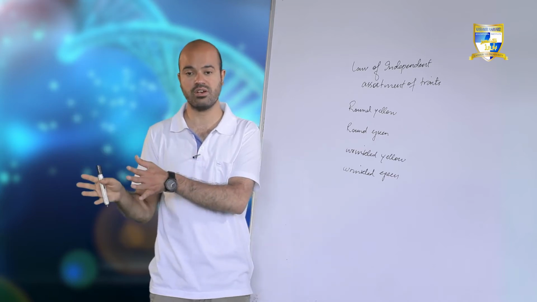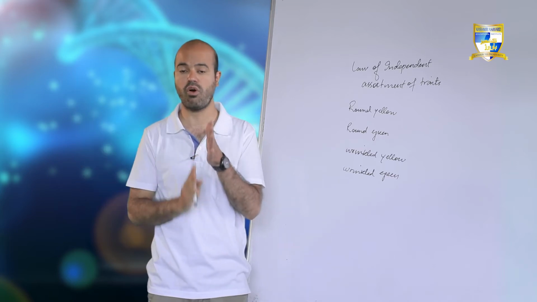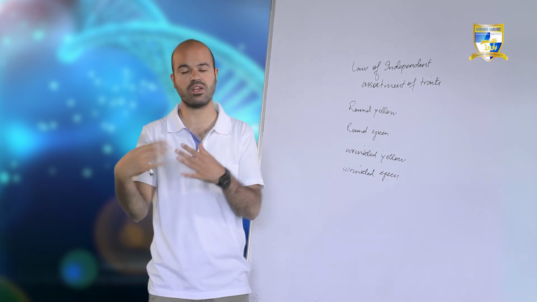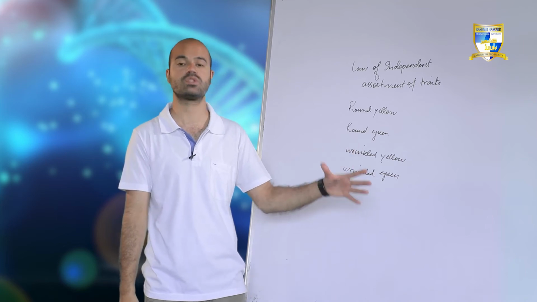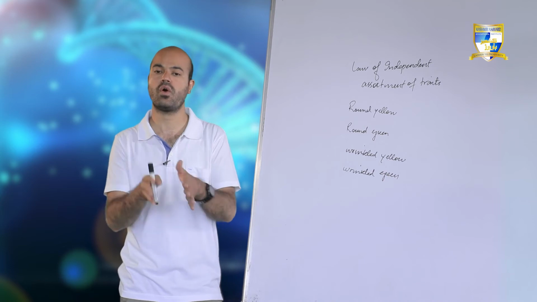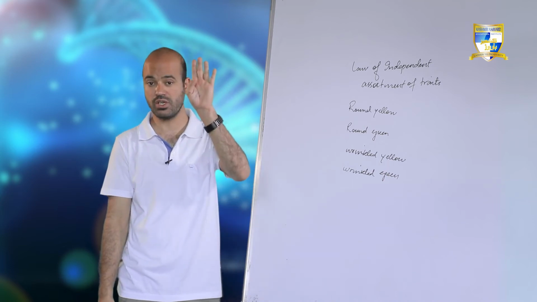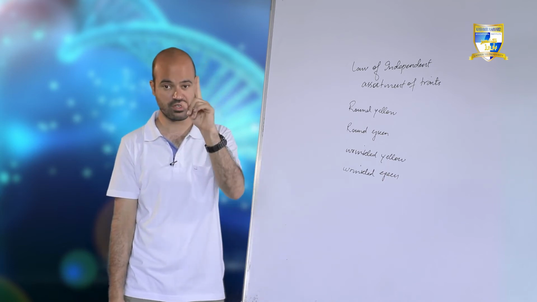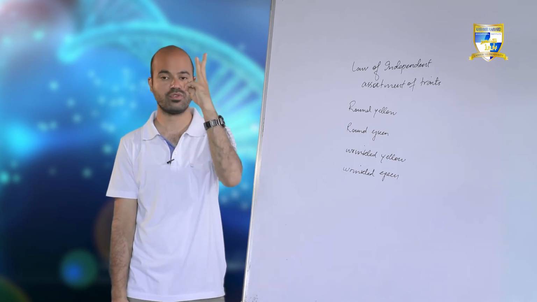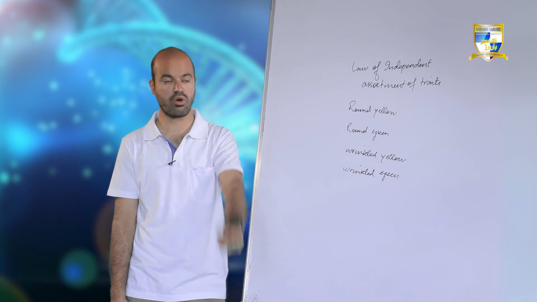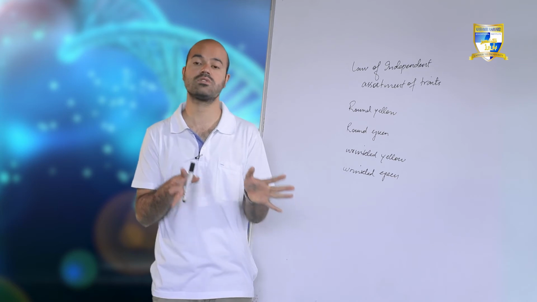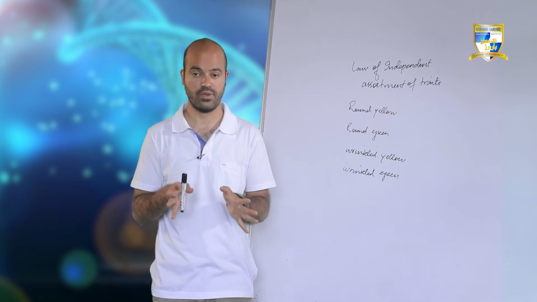During that process, the rules followed by the characters are called rules of inheritance, and they are usually four: the law of pair of unit factors, law of segregation of gametes, law of dominance, and the fourth is the law of independent assortment of traits. I hope this is clear to all of you.